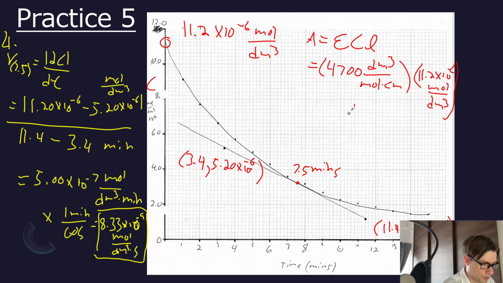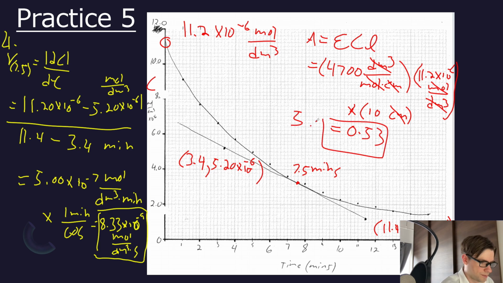And then this is also multiplied by the path length, which was 10 centimeters here. So our centimeters will cancel, our decimeter cubed will cancel, our moles will cancel. That's what we want because absorbance is supposed to be unitless. It comes out to about 0.53. That is the answer to number 5. Again, a range of acceptable answers are probably fine, but that's my guess. And I'm assuming this 10 centimeters does have 2 sig figs.